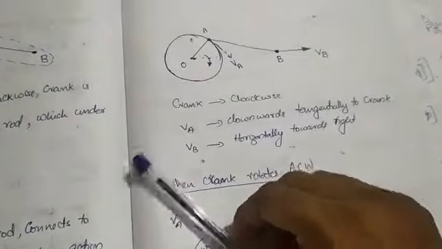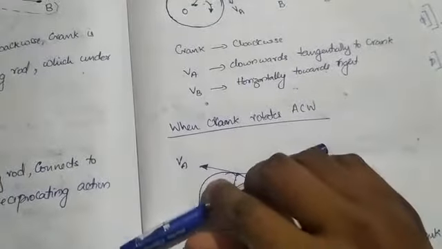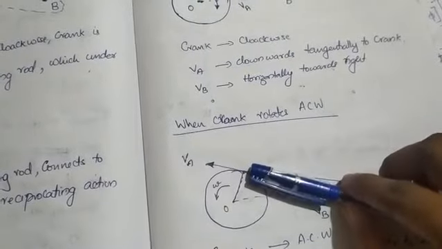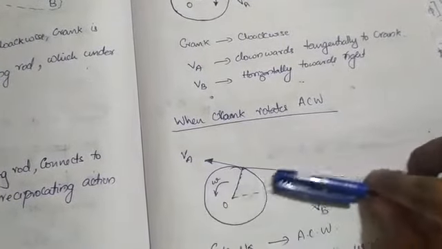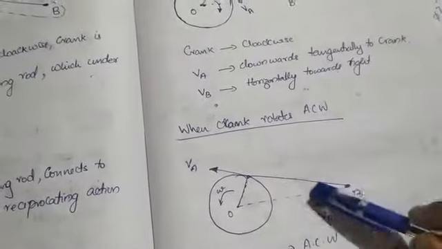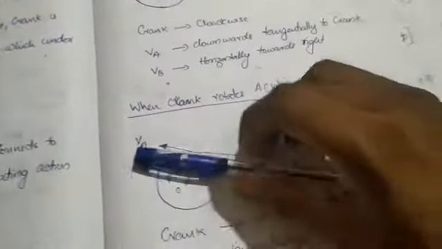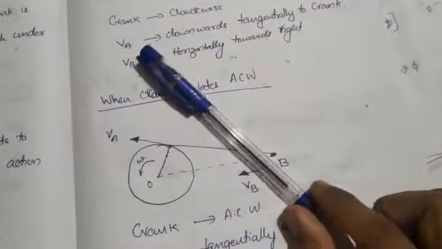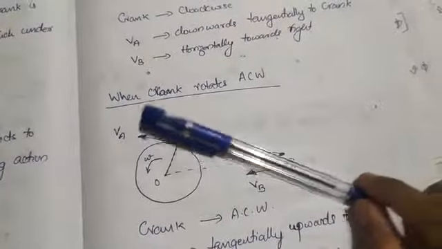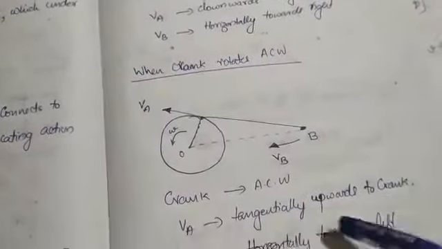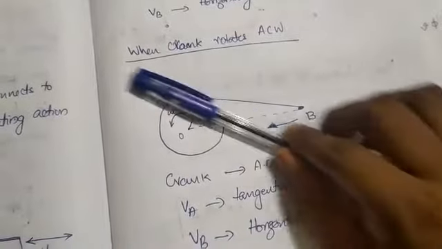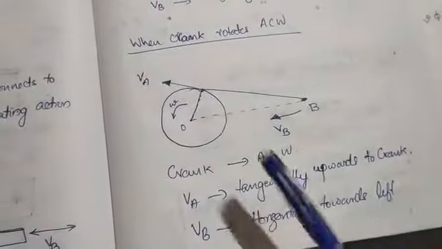And if it is rotating anti-clockwise, with the connecting rod going upwards, then at this point it is moving like this, so the piston is moving towards the left. So if the crank is anti-clockwise, VA will be tangentially upwards, and VB is horizontally towards the left.